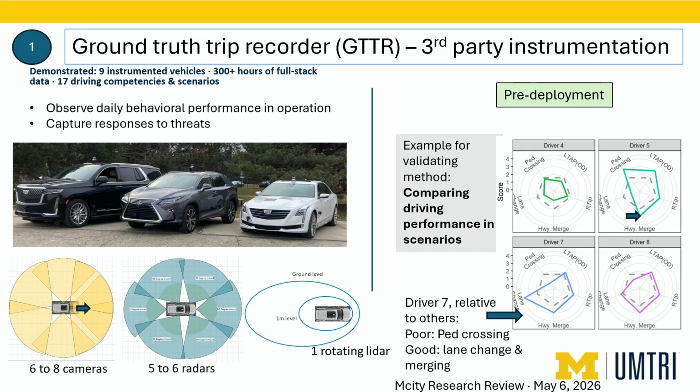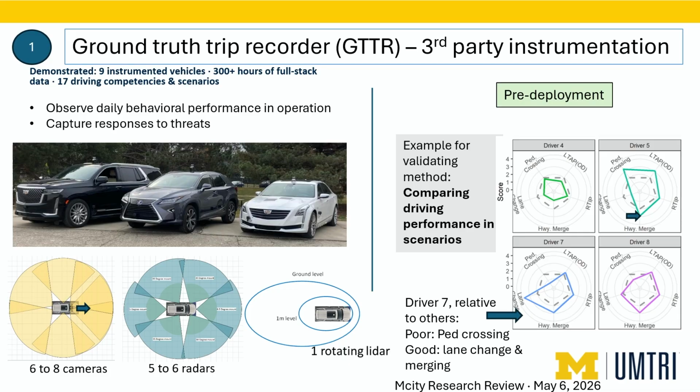And on the right, you can see one of the outputs or one of the measurement strategies that Carol was just talking about. This is basically comparing some competencies between drivers. You can see 4 different driver examples, and each radial axis is a competency like pedestrian crossing, left turn across path, lane change. So this actually allows us to make comparisons between drivers.